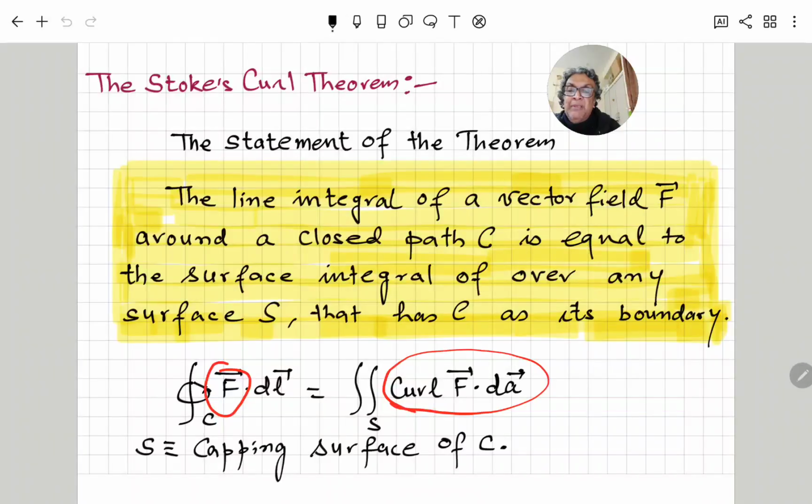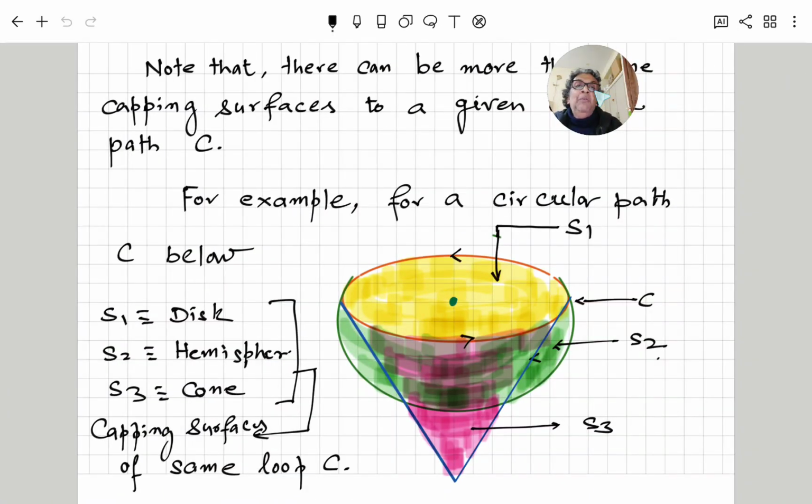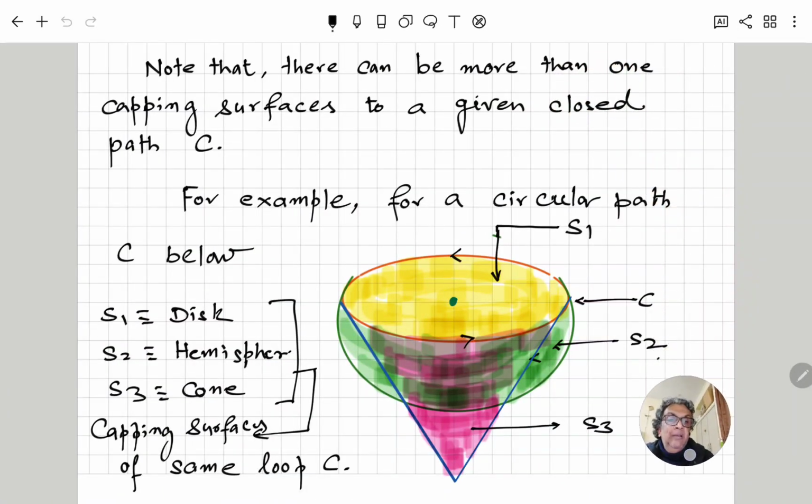Now, these types of surfaces have a very special name, referred to as capping surfaces of the closed loop C or closed path C. A very interesting thing I would like to point out, and that is where I want to emphasize with some of the problems here, is that whenever you have a closed loop C, the choice of capping surface is not unique.